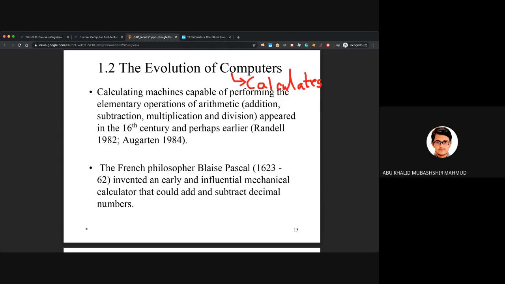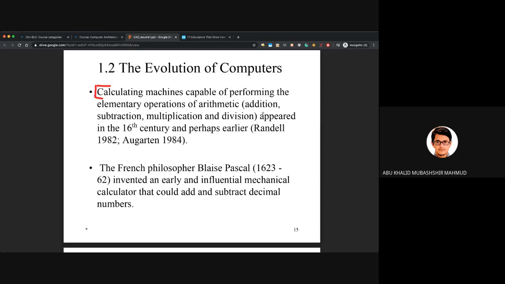Now let's proceed with the evolution of computers. Calculating machines capable of performing the elementary operations of arithmetic, addition, subtraction, multiplication, and division, are called elementary computers.